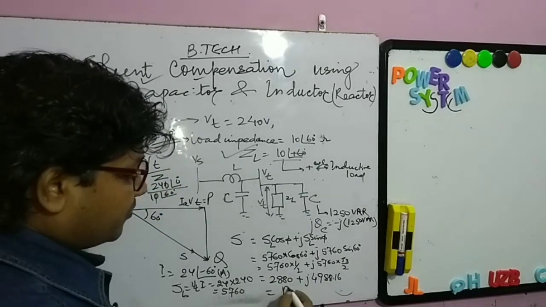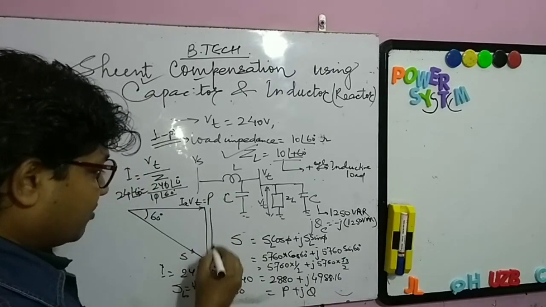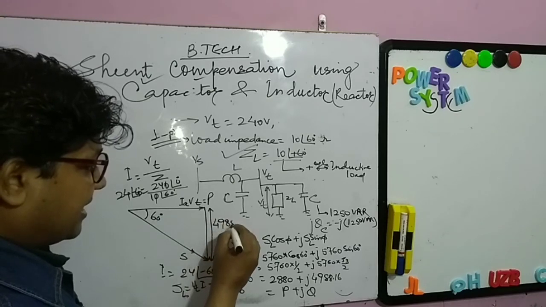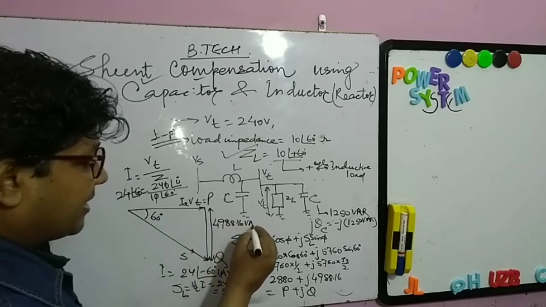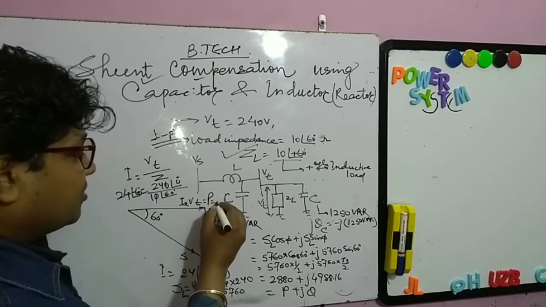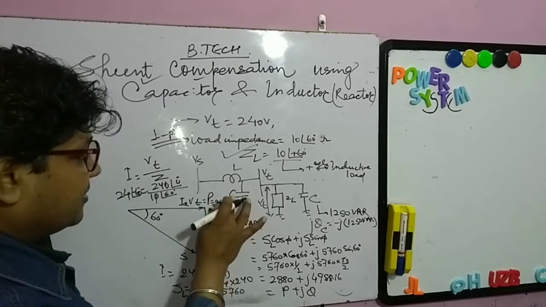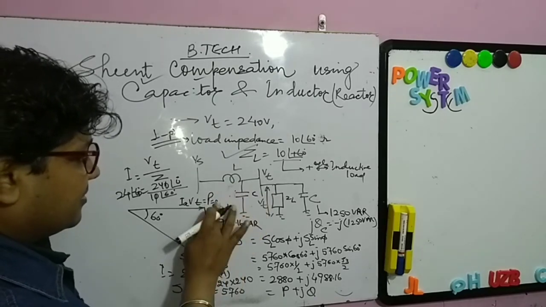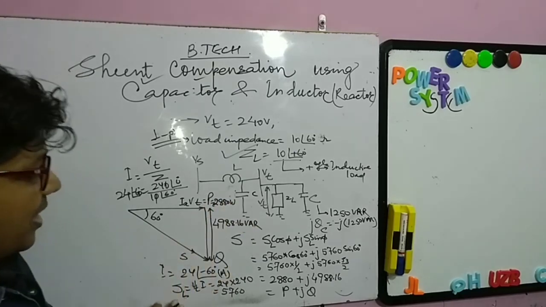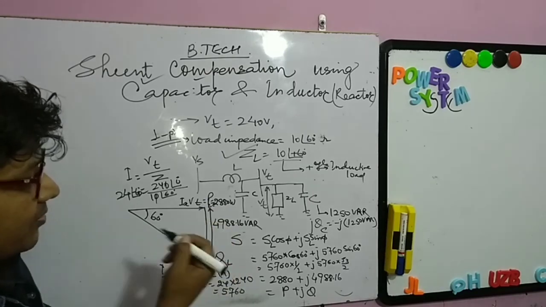It means this is P and this is jQ. So Q is 4988.16 var, and this power is 2880 watt. So the power of the load and the reactive power of the load we have calculated.